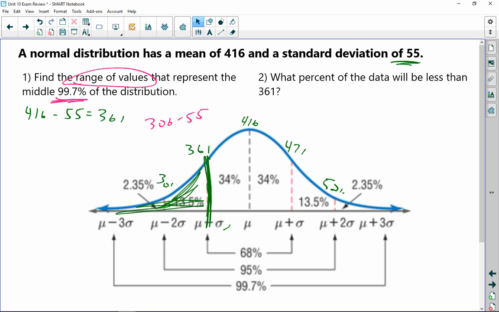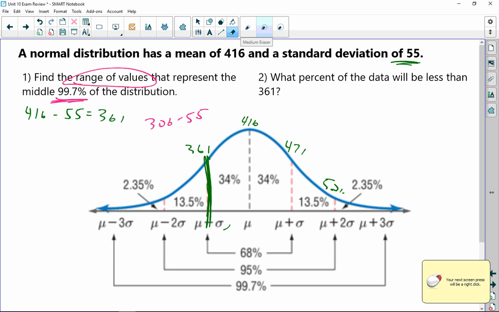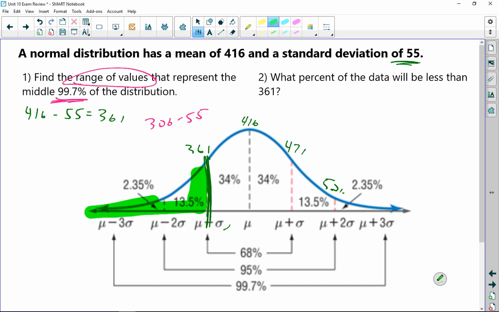So basically, all you're going to do, let me change the highlighter. That includes this all the way to the end. And don't forget, we have to include what portion? The 0.2, right? We essentially just say that tail end right there and this portion right here is basically 2.5.